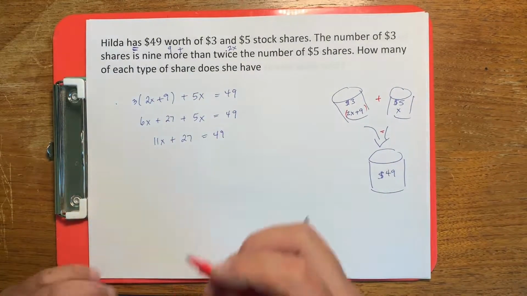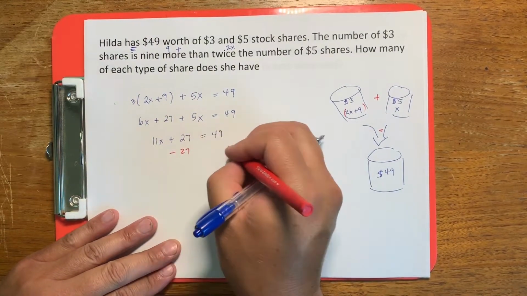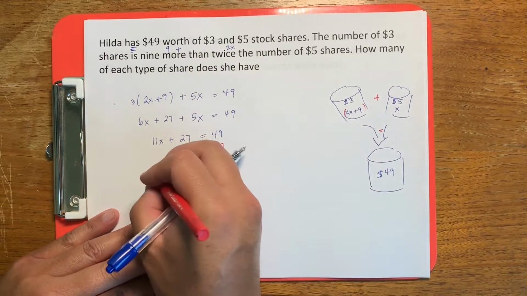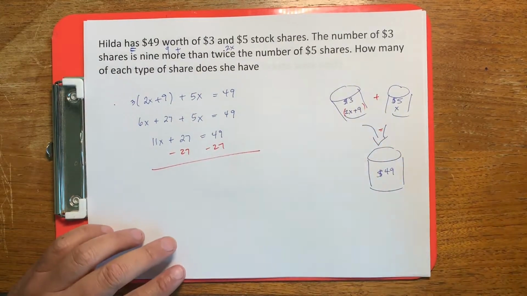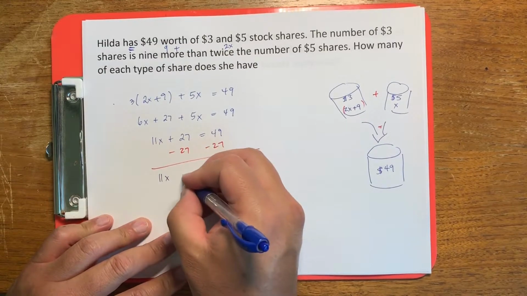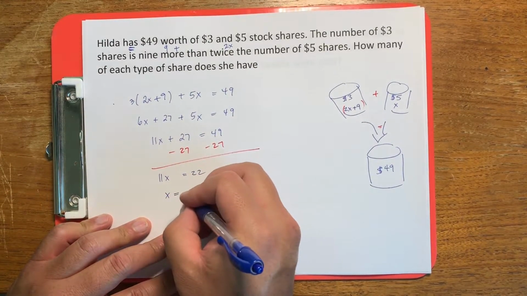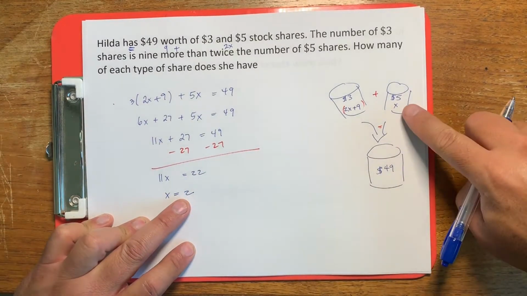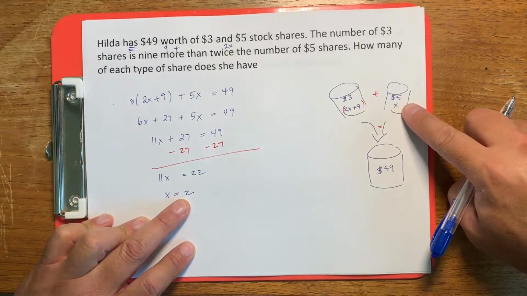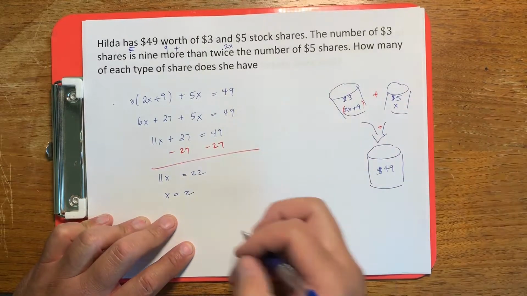And then if we subtract 27 from both sides, we get 11x is equal to 22, so x is equal to 2. So this is the number of $5 stock shares she has.